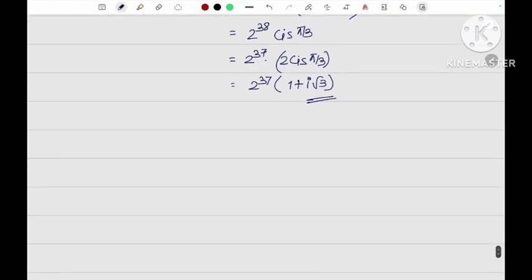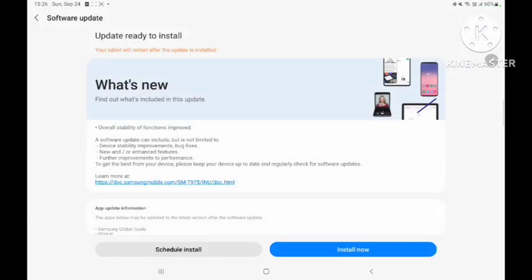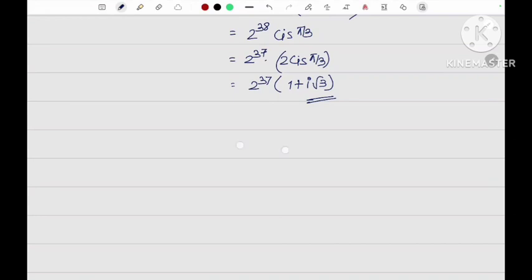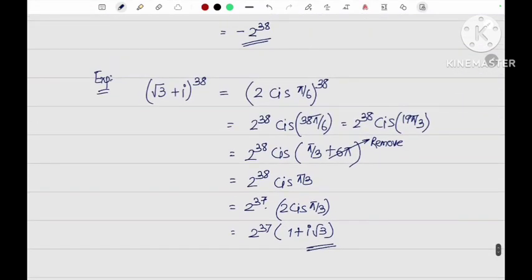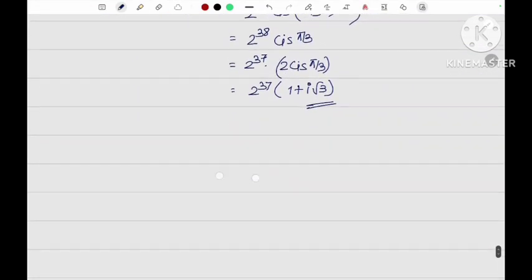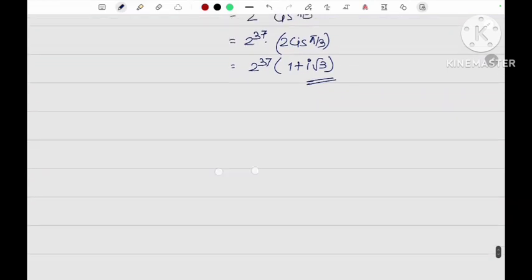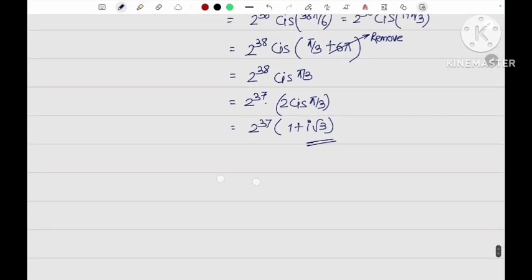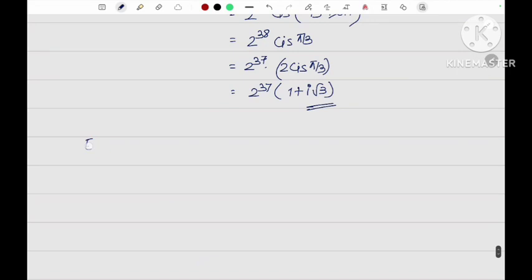Next example, let us take. Next example, which one we can take? Yeah, let us take a bigger example now. Let us take a big example now. Slightly complicated, not complicated, but slightly complex as compared to these previous examples.